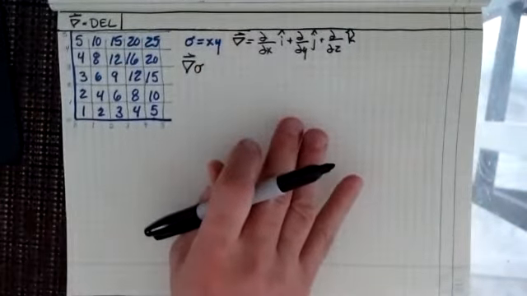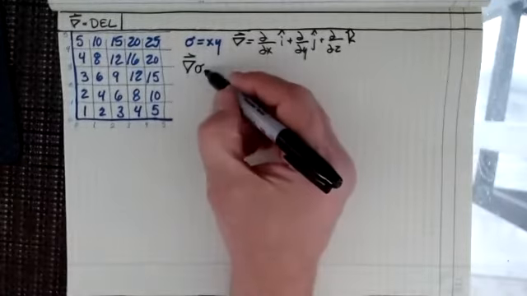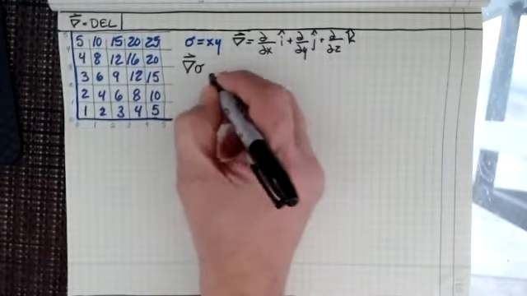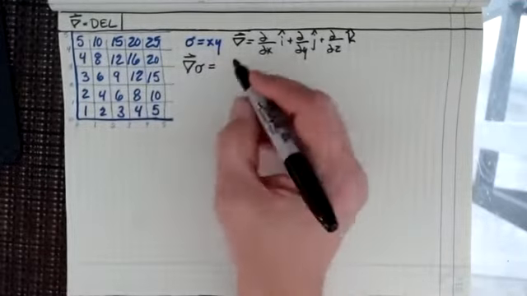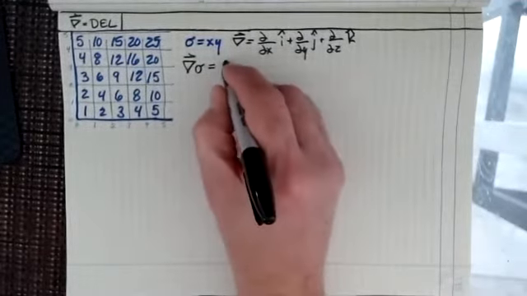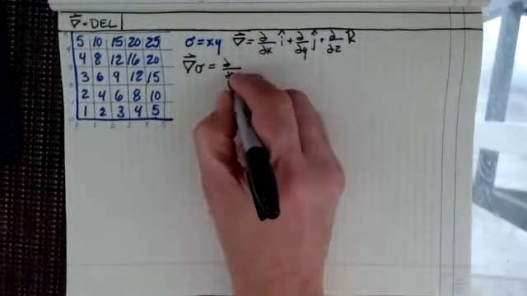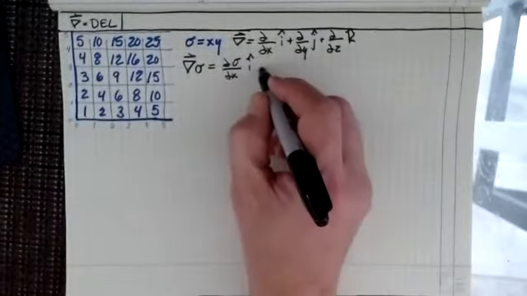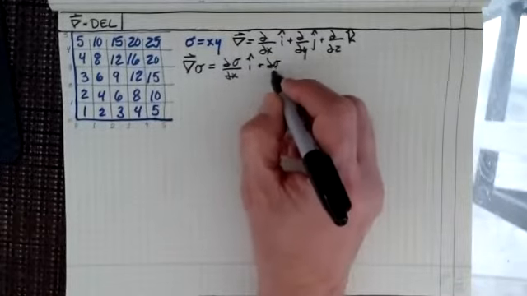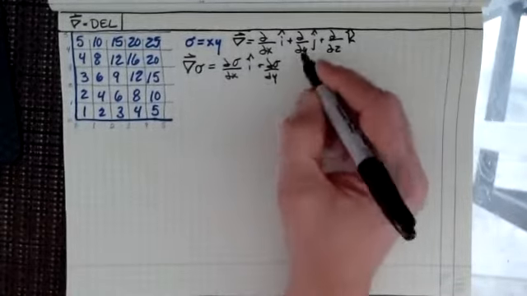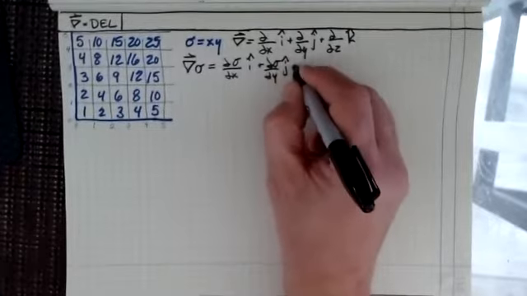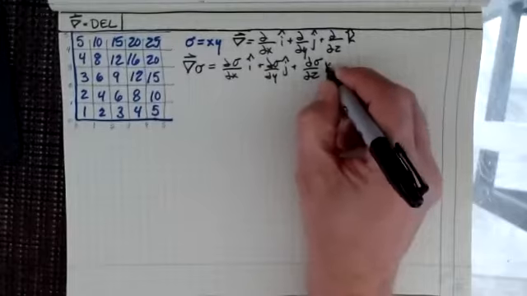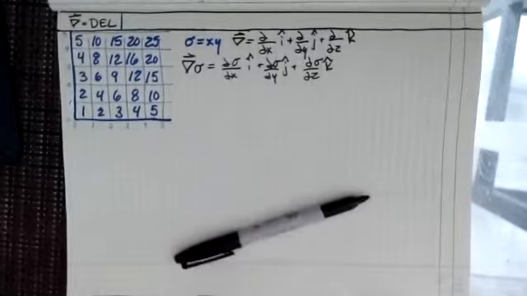And so if I'm going to use the del operator on a scalar field like I've got here, I'm really talking about the change of sigma with respect to x in the i hat direction, plus the change in sigma with respect to y in the j hat direction, and then the change in sigma with respect to z in the k hat direction, right?